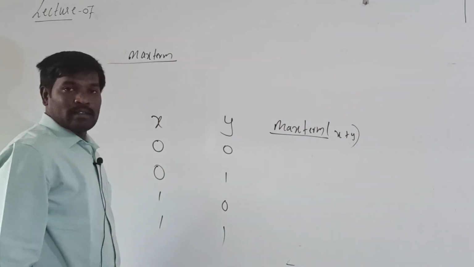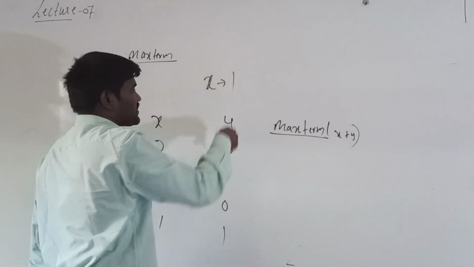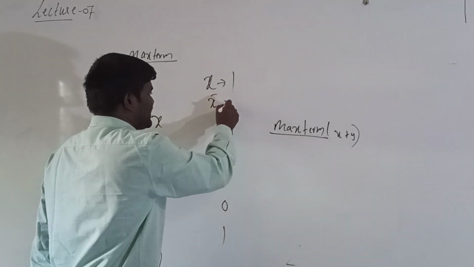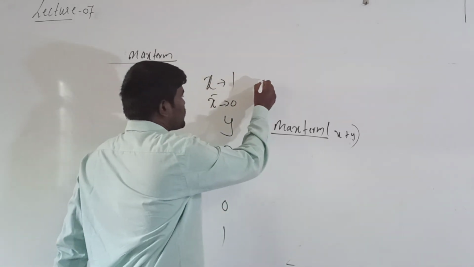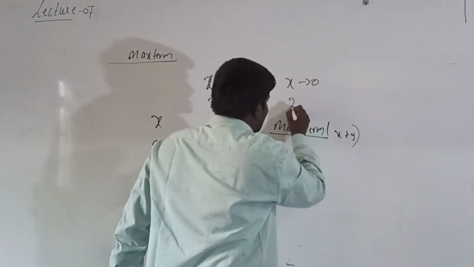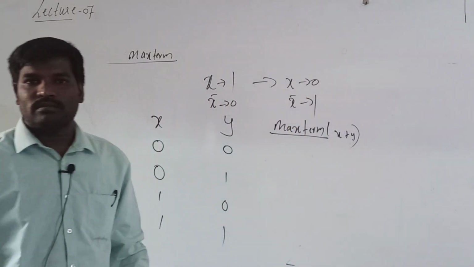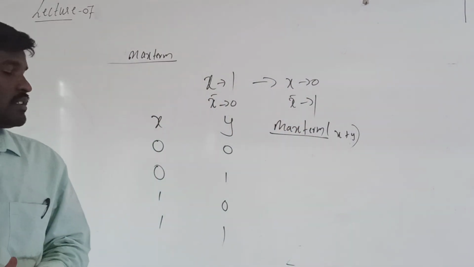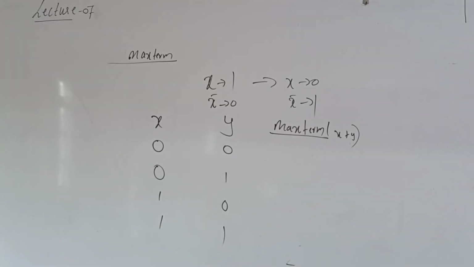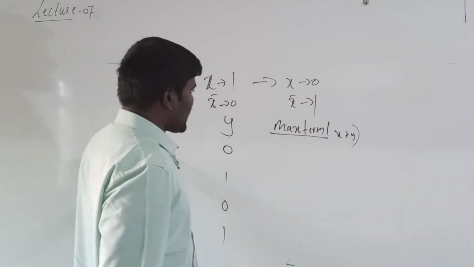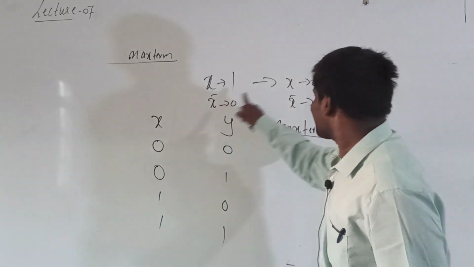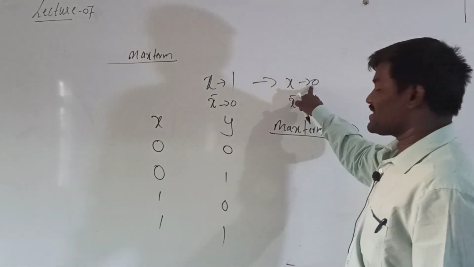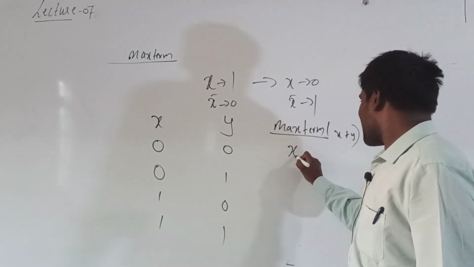See here, in min term x indicates 1 and x bar indicates 0, but in max term it is the opposite of the min term. It means here x indicates 0 and x bar indicates 1 in max term. Okay, so if x is equal to 0 and x bar is equal to 1, then what do we write? 0 indicates x, y indicates again 0, so you can write x plus y.